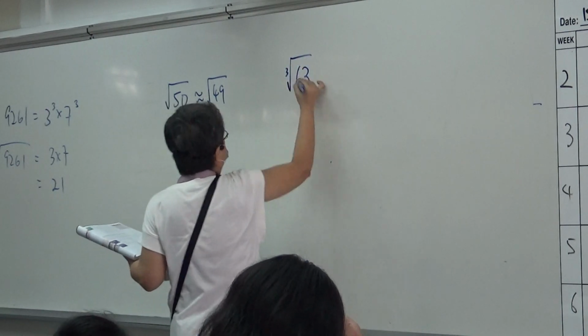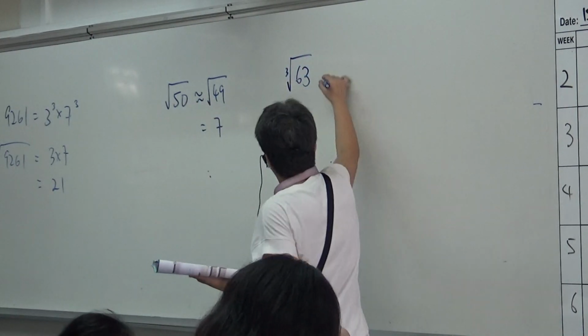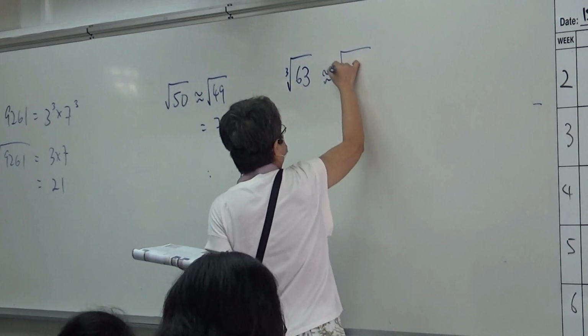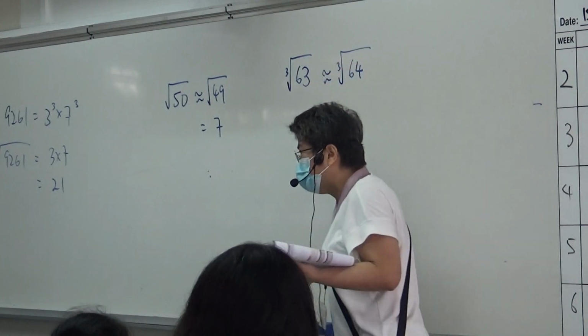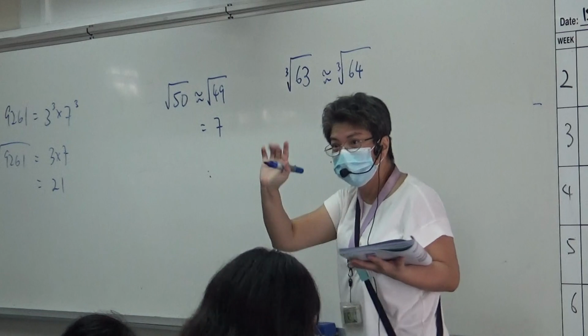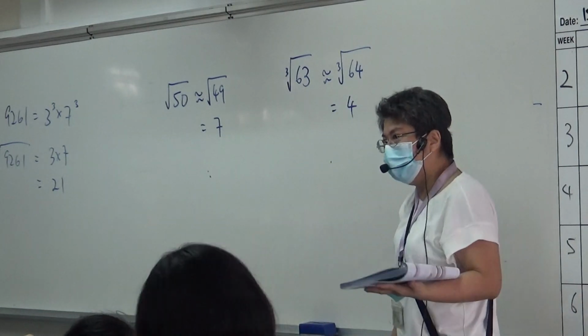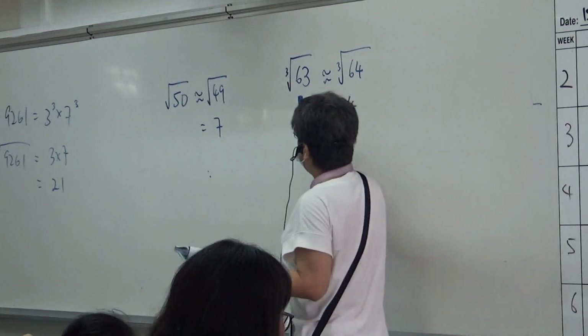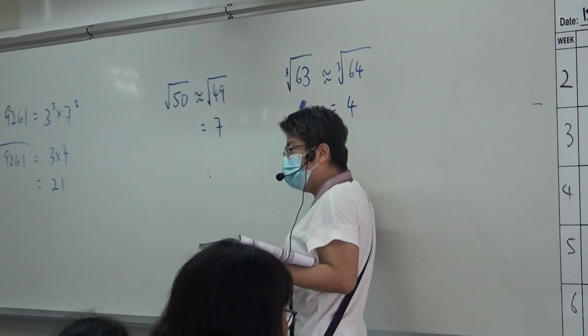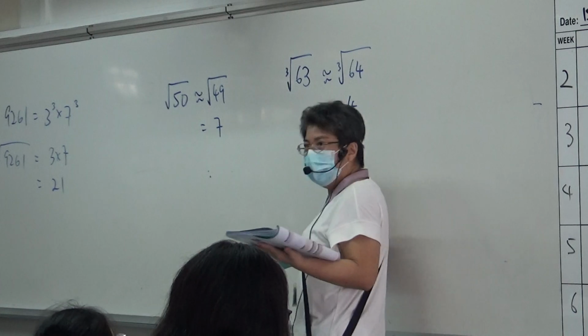Cube root of 63 is approximately cube root of 64, because cube root of 64 is 4. So this is equal to 4. Clear? But the actual cube root of 63, is it more or less than 4? Less.